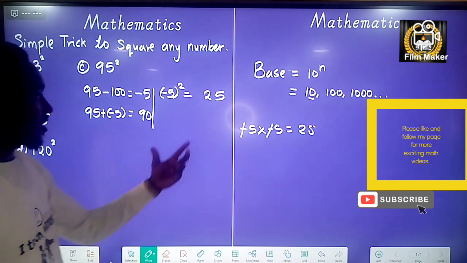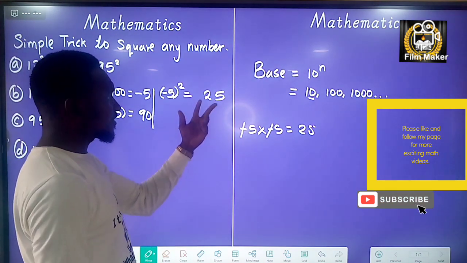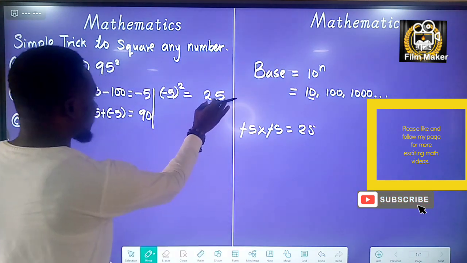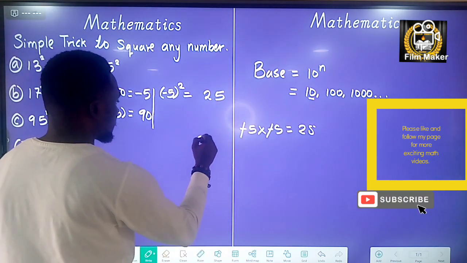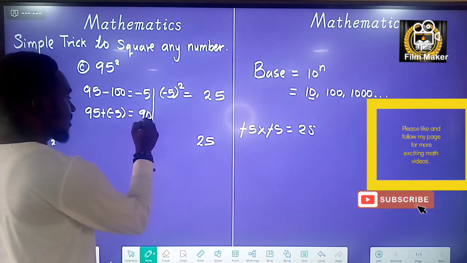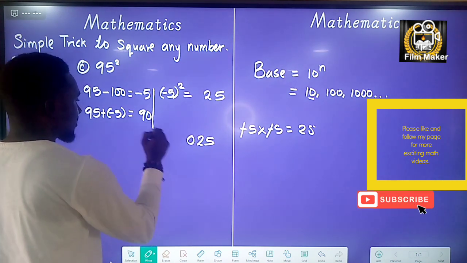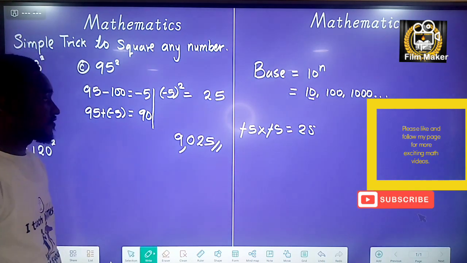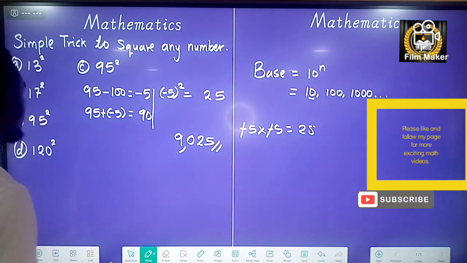Now the good thing here is that this is 25, and to base 10 we have 2 zeros, right? So the 25 will sit on the 0 as it is. 25, exactly. Then bring down this 0, bring down this 9. So your answer is 9025. You can see how simply it's going.